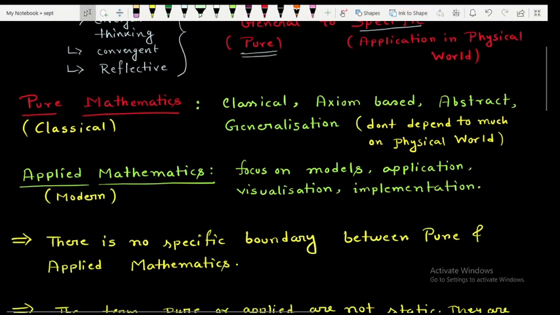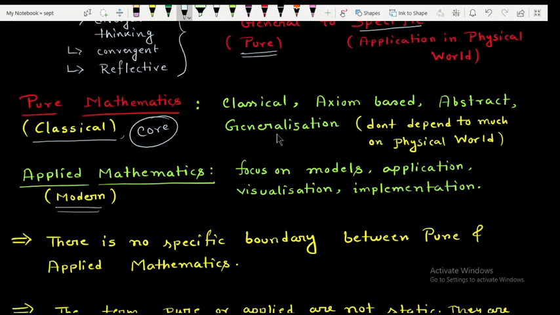Now students, pure mathematics is generally considered as the classical part of mathematics. That is, we can say that it is the core part of mathematics, and applied mathematics is the modern part, that is the modern, up to date application of mathematics.